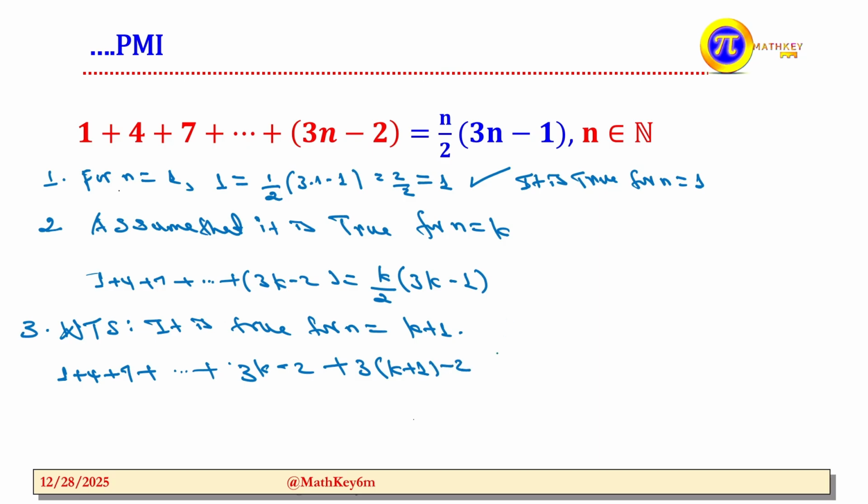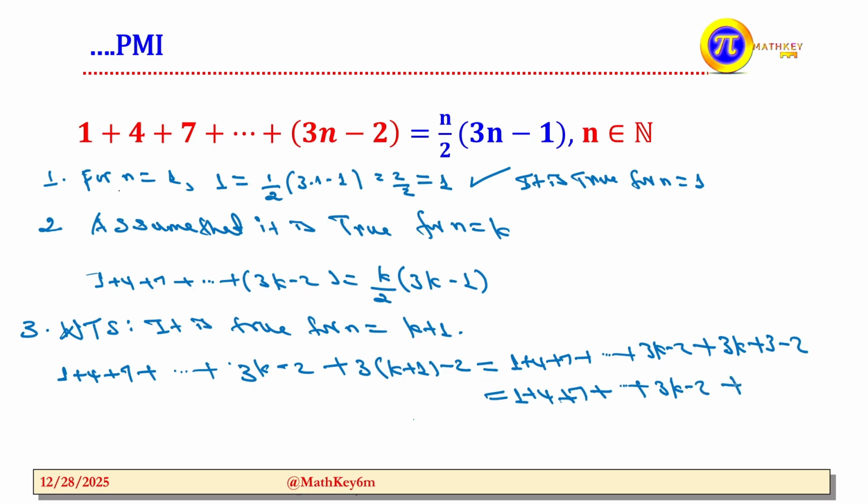This equals 1 plus 4 plus 7 plus ... plus 3k minus 2 plus the last term: distribute 3 over k plus 1, which is 3k plus 3 minus 2, that is 3k plus 1.